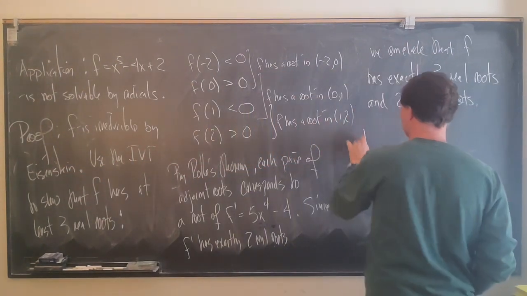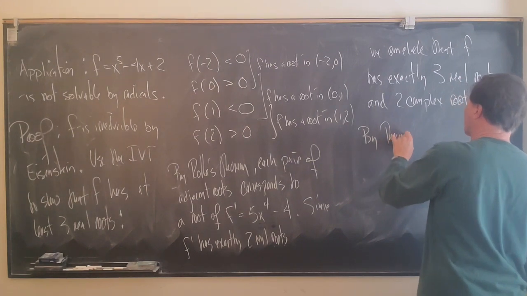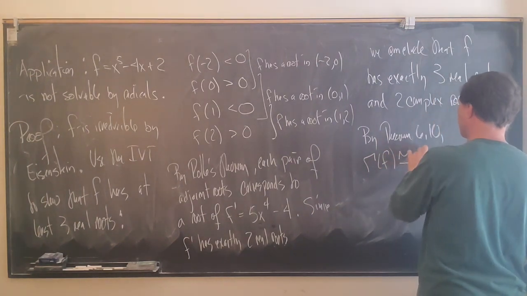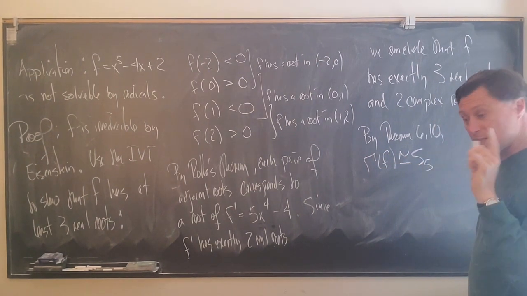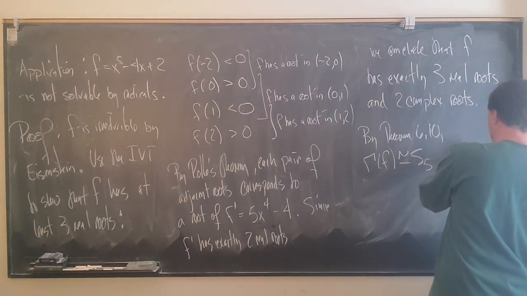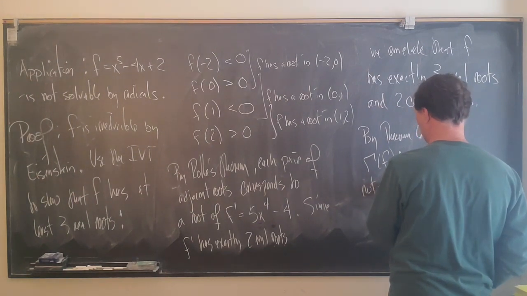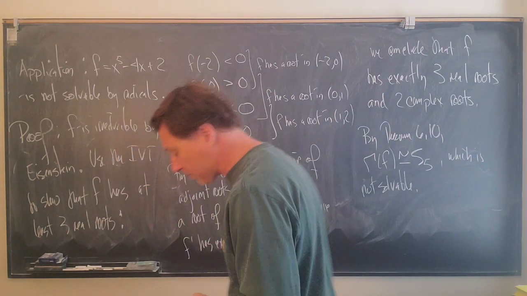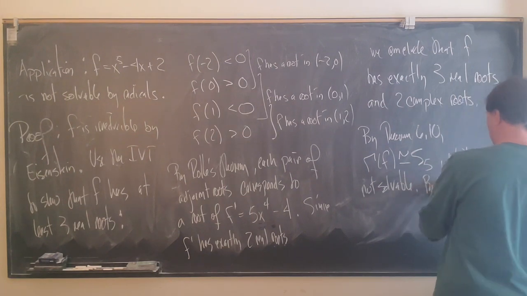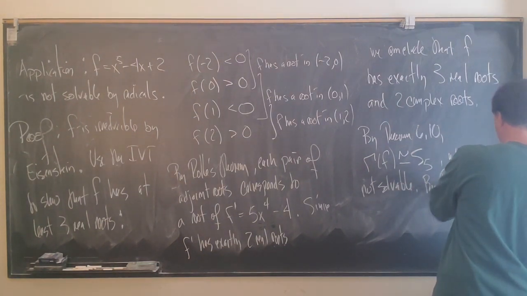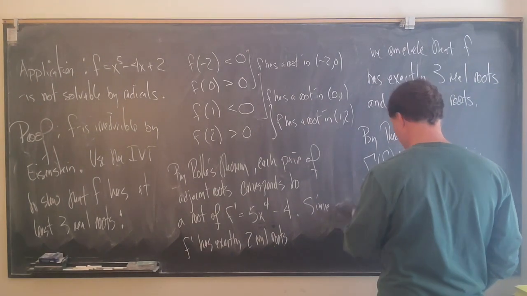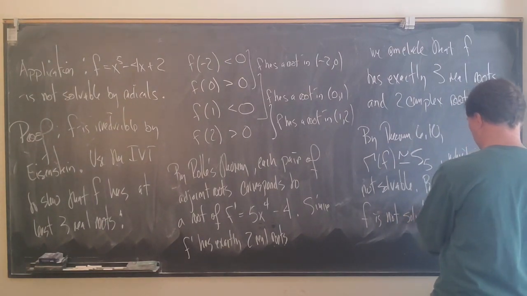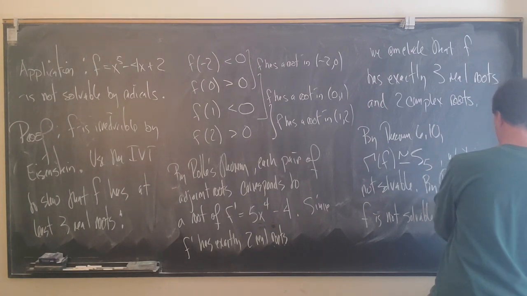So by theorem 6.10, the Galois group of f is isomorphic to S sub 5, which is not solvable, and now it follows directly from theorem 6.7 that f is not solvable by radicals.